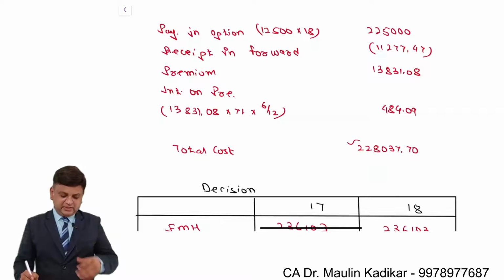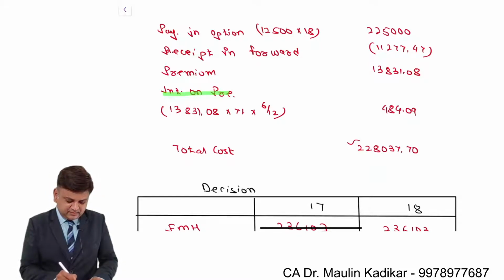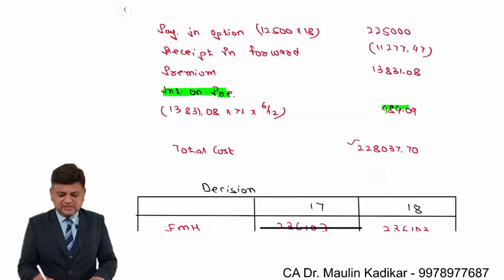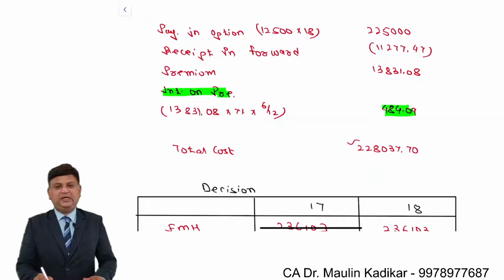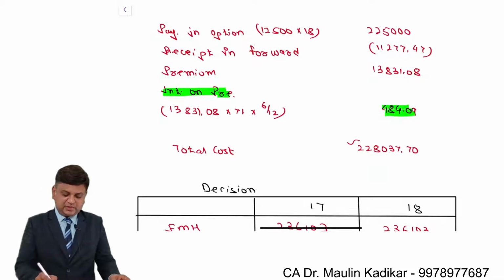Now one important point that I would like to tell you, that this interest on premium is not calculated by the institute in the suggested answer. And I think that it should be considered. We have the rate of interest information. We know that using the spot rate, this amount is calculated.